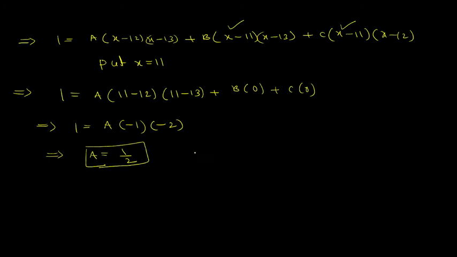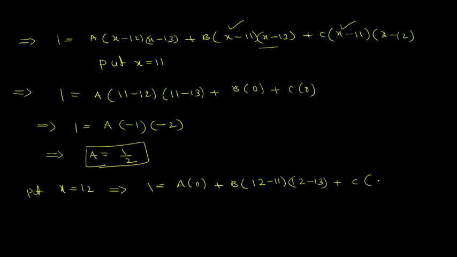Now put x equals 12 next, you'll get the b value. The left hand side is 1. The a term is 0, the c term with 12 minus 12 is 0. So 1 equals b into (12 minus 11)(12 minus 13). 12 minus 11 is 1 and 12 minus 13 is minus 1, so minus b.